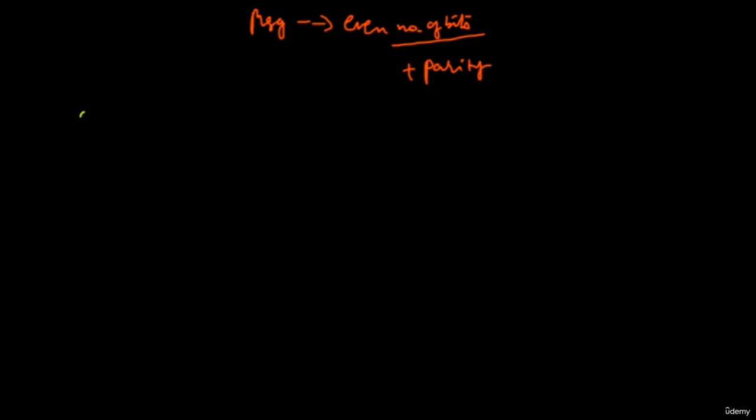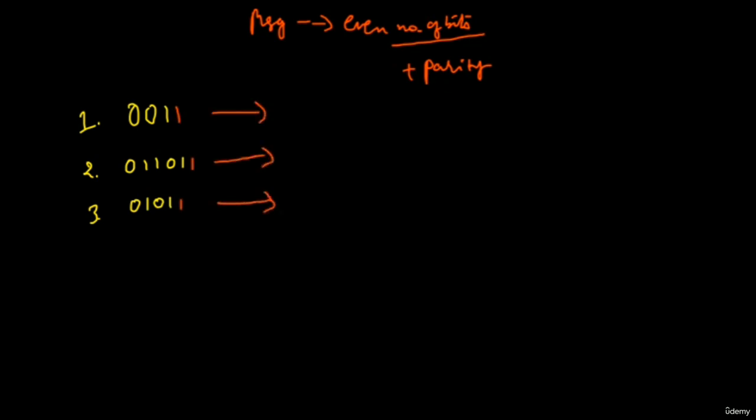Let's say the first example, 001, the second one, 1101, and the third one, 0101. And let's add the parity bits, 1, 1, 1. Now I told you that I am always going to send you an even number of bits including the parity bit. So if you count it down, what is going to come?